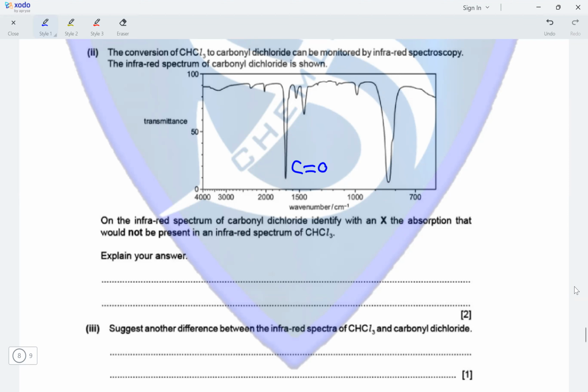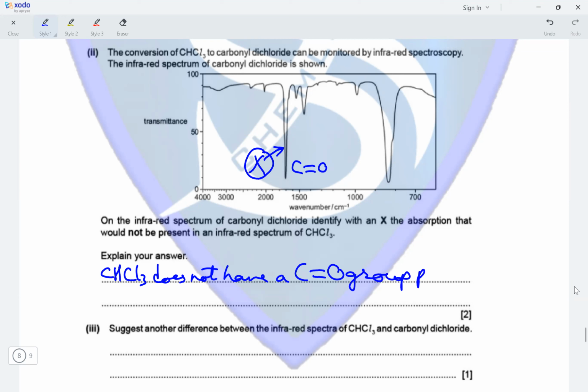So this is equal to X, this peak, and explain your answer. CHCl3 does not have a C double bond O group present.